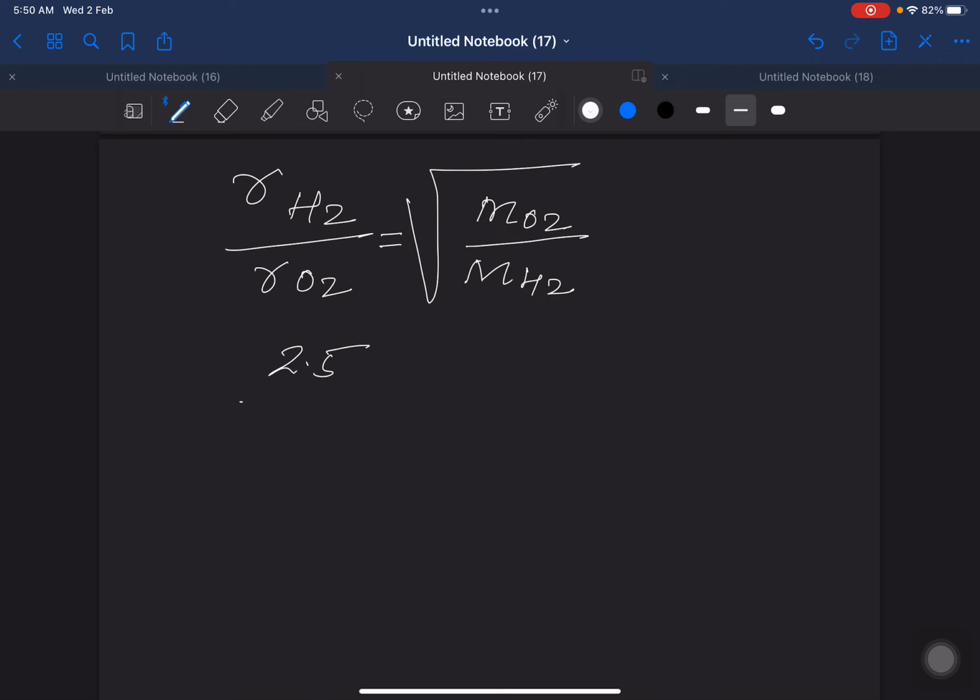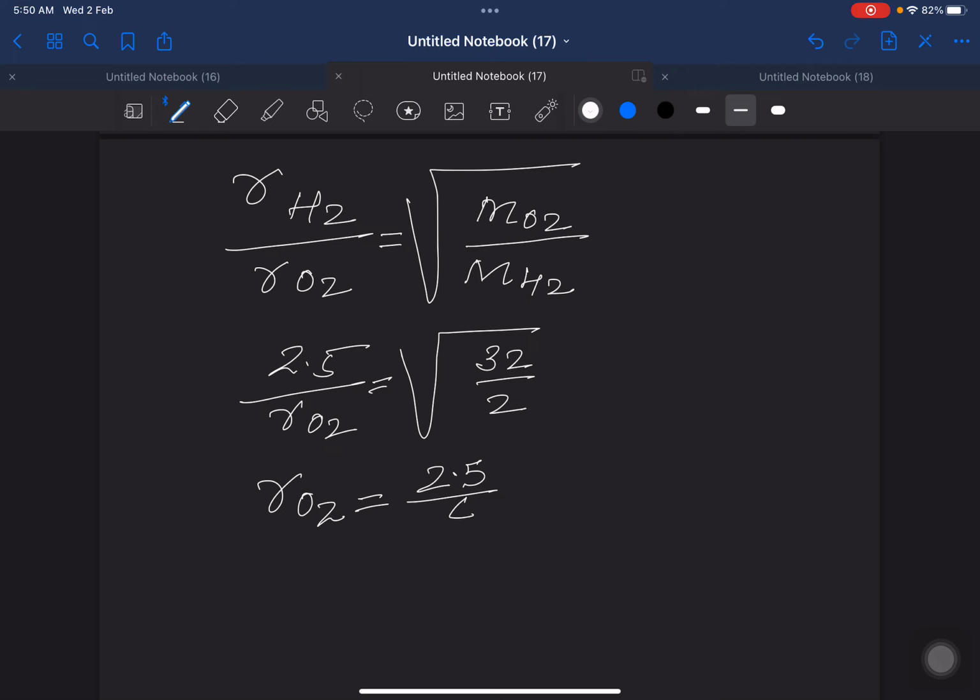2.5 upon RO2 is equal to 32 upon 2. तो RO2 is equal to 2.5 upon 4.